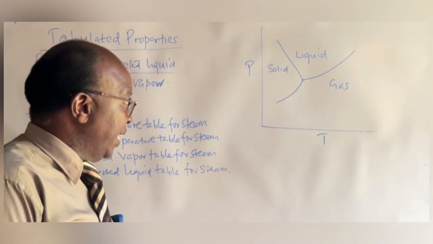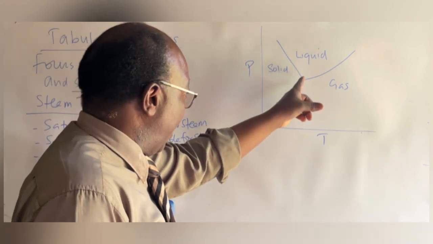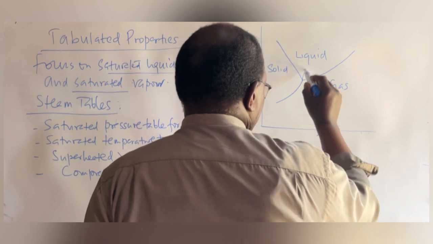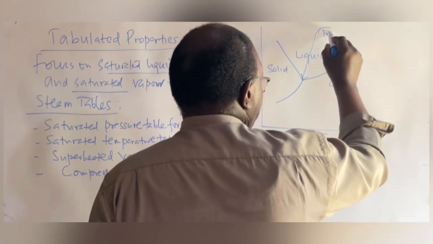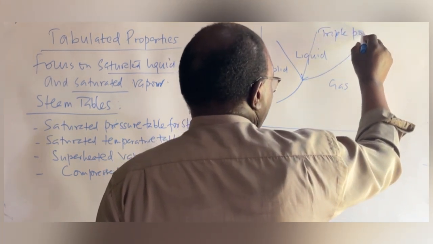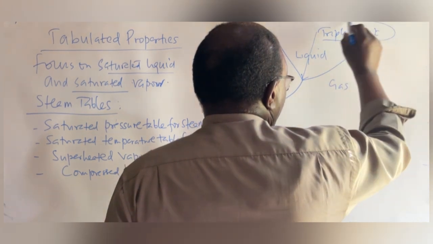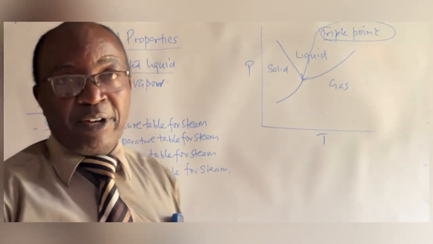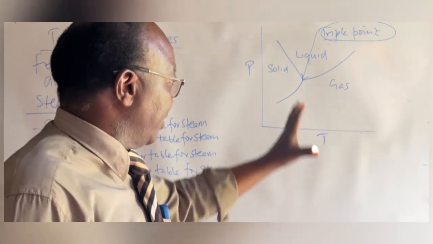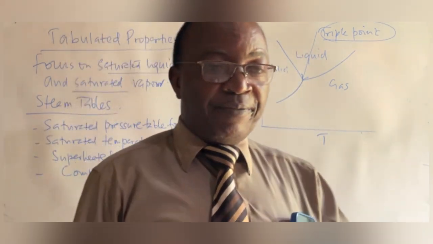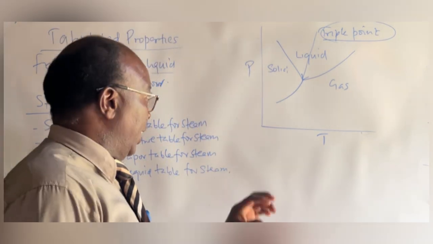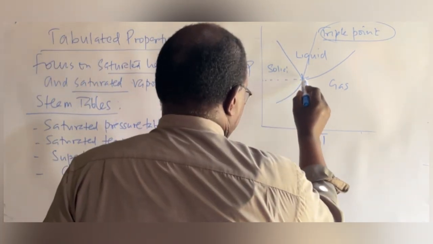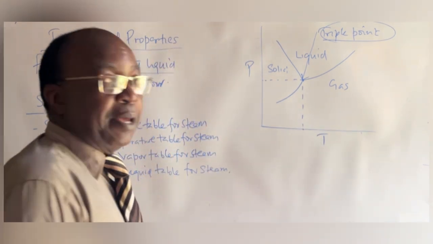The point where we have the three phases coexisting in equilibrium is referred to as the triple point. At that point, the solid, liquid, and gas phases are coexisting in equilibrium, and the variance of the system, the number of degrees of freedom, is zero. What does that mean? It means that the pressure is fixed and the temperature is fixed.